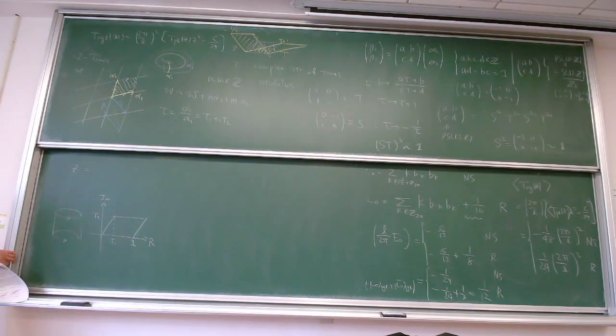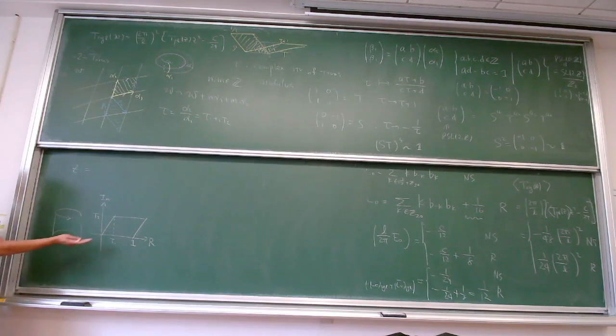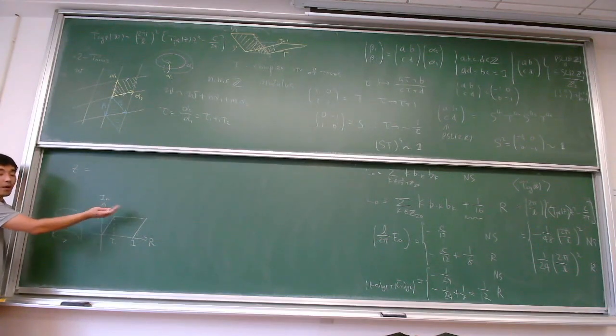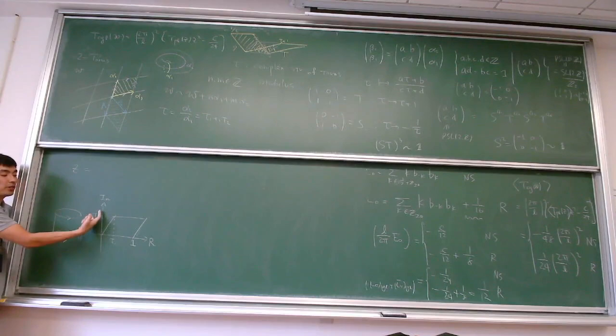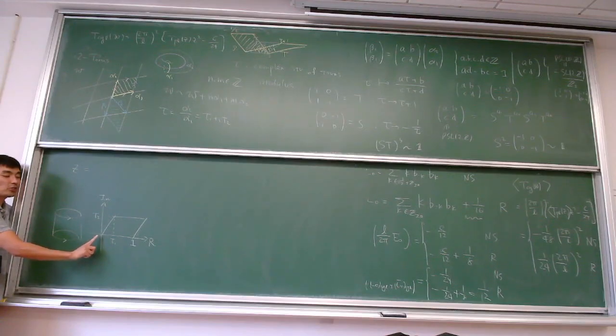So this is what's happening. When you identify top and bottom, instead of only going in the time direction, you have a tau 2 transformation. You translate the time direction by tau 2, but in the spatial direction you have to translate by tau 1.